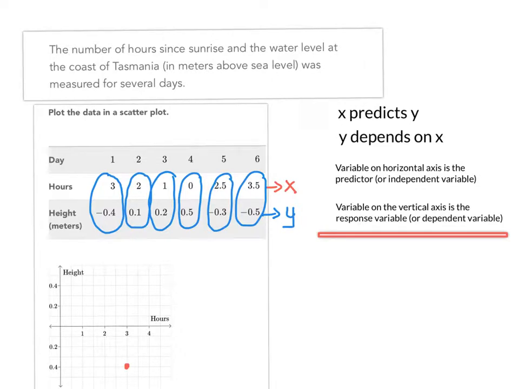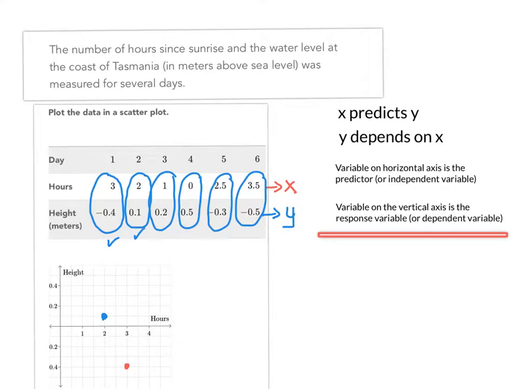Reading along, second ordered pair, I just plotted that one. Second ordered pair, 2 hours after sunrise. The height of the water was 0.1 meters above sea level. All right, so at 2 hours, we were 0.1. I took care of this ordered pair.